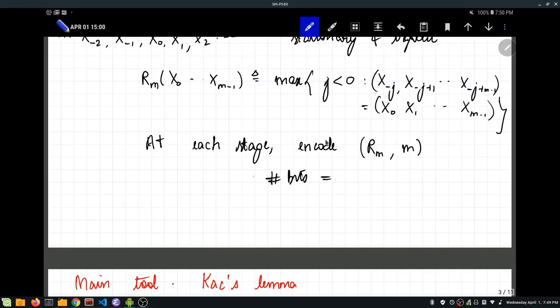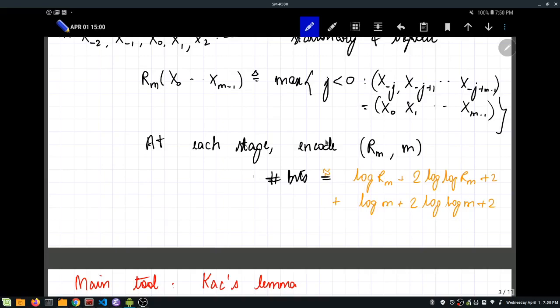We saw that using the prefix-free encoding for integers, omitting the ceilings everywhere, we would need approximately log Rm plus 2 log log Rm plus 2 bits to encode Rm, plus log m plus 2 log log m plus 2 bits.